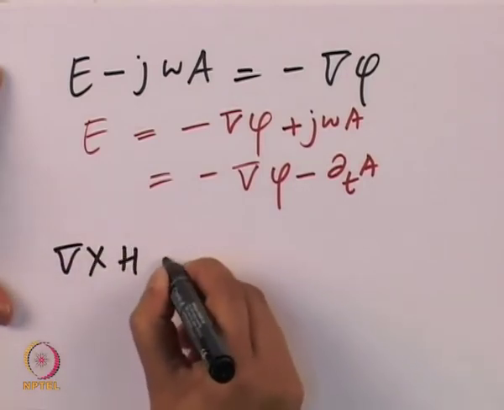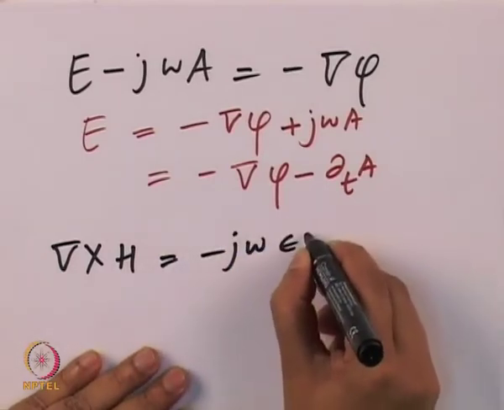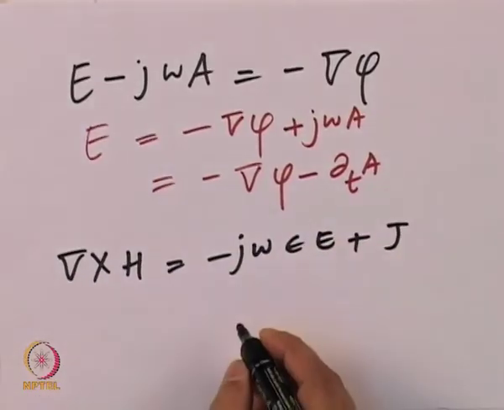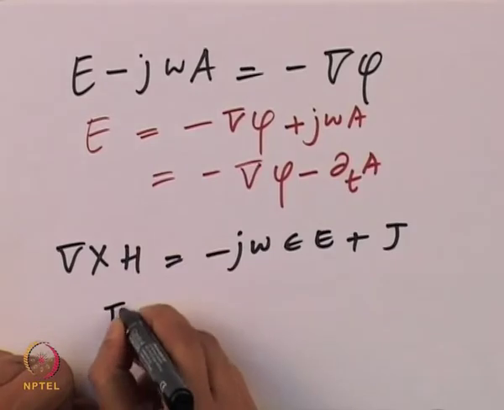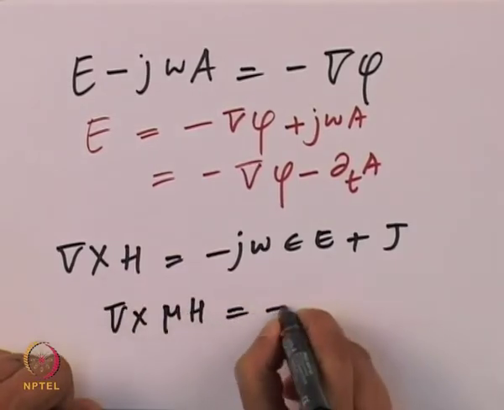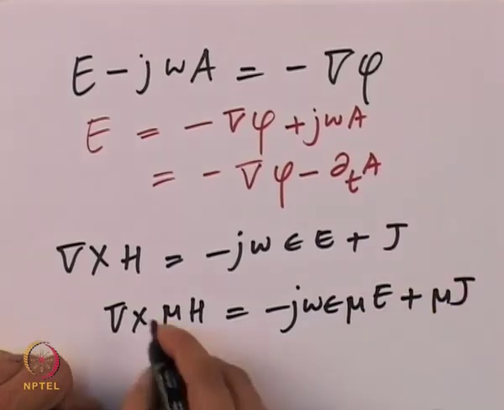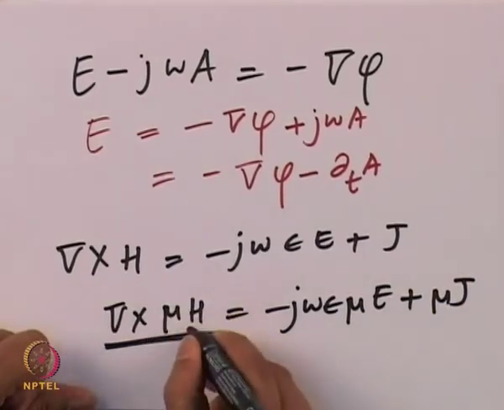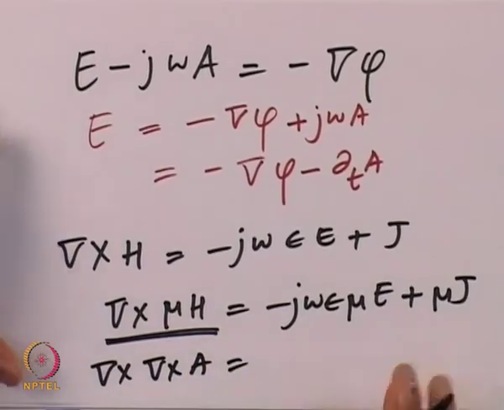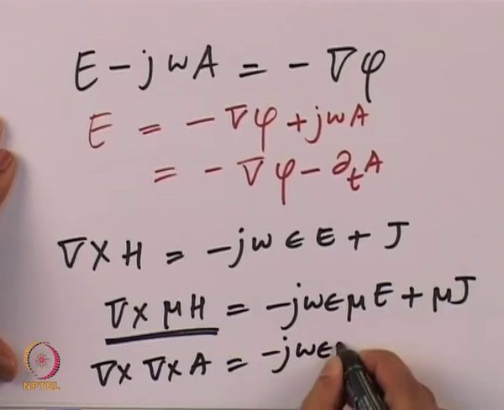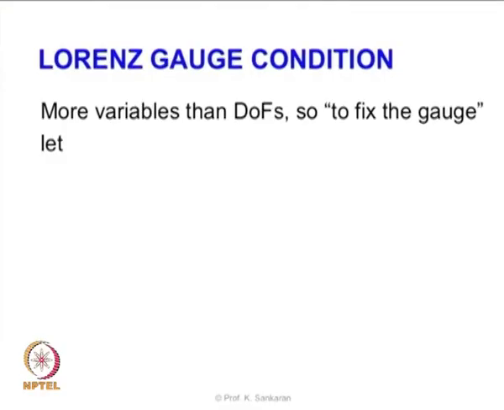The curl of H is equal to minus j omega epsilon E plus J. When we multiply mu throughout this entire equation, we know that mu H is the curl of A. So curl of curl of A is equal to minus j omega epsilon mu E plus mu J. With this we are going to manipulate the equations further.